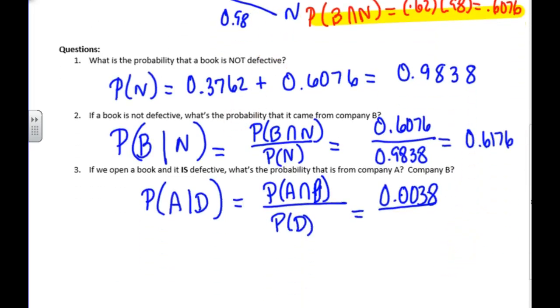Or you can use the fact that the defective is the complement of the non-defective, so you can also get that by subtracting that number from 1. So we get 0.0038 divided by 0.0162, which is equal to 0.7654.